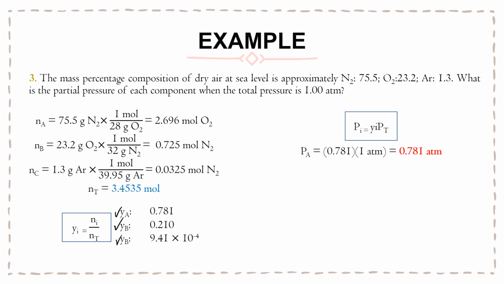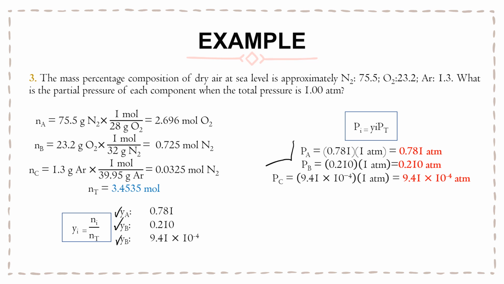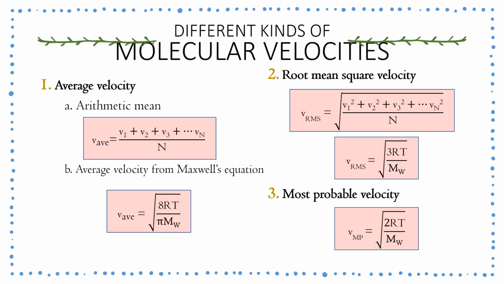Knowing that data, we can calculate for partial pressures of the individual gases sa air. Okay, so these are our answer. Okay? Yan, ganun lang. You can rewatch the video. Okay, you can pause it if you want para mabalikan mo.